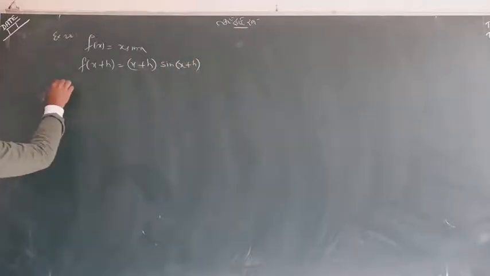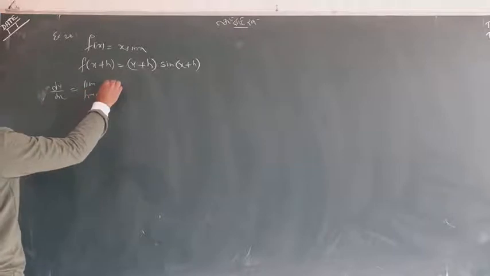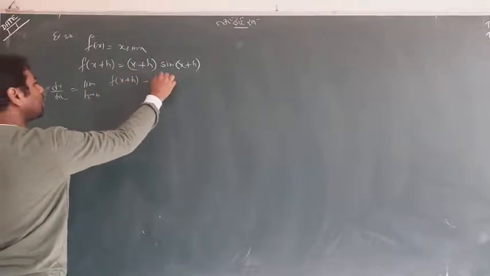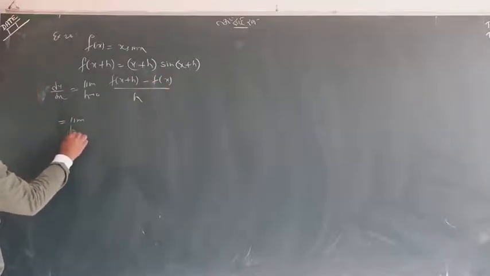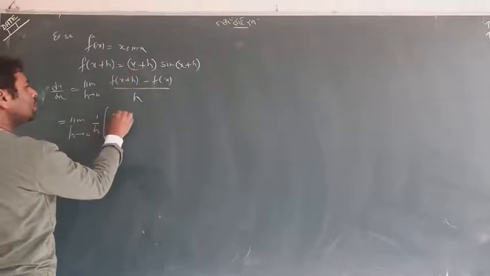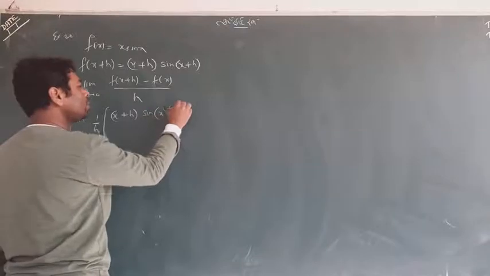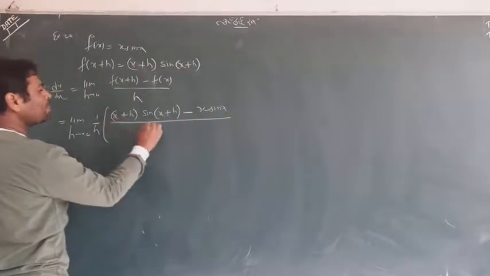And then I'll go with dy by dx, f of x plus h minus f of x upon h. F of x plus h meaning x plus h sin x plus h, minus f of x meaning x sin x, upon h.